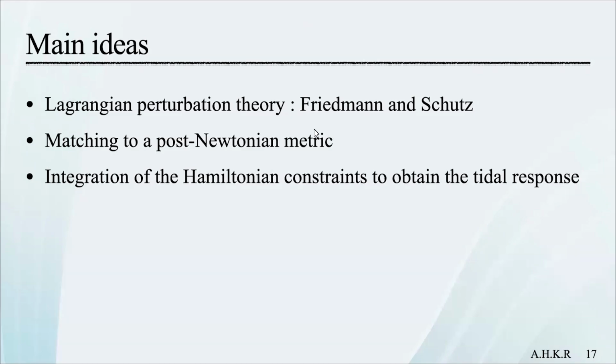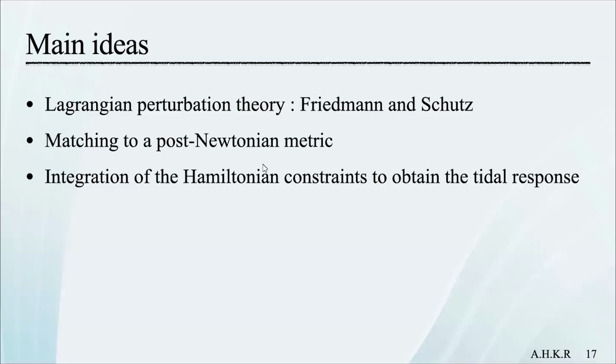This matching is essential, and I will show you what happens when you do the matching. And finally, you need to obtain the tidal response function, and I'll show you there is a trick you can use where you can integrate the Hamiltonian constraints of the theory to obtain the tidal response function. So these are the main ideas in the paper.